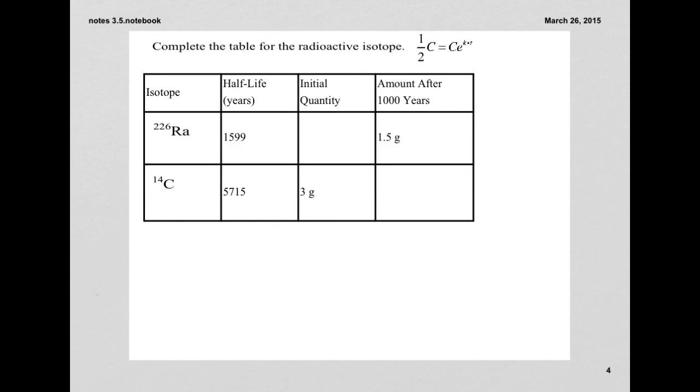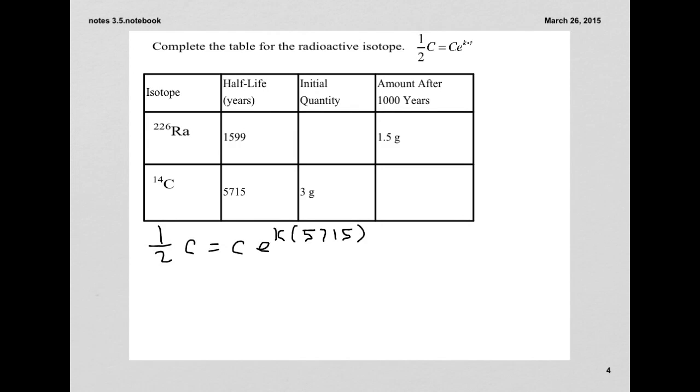Okay, now we're going to do the last example. We start out with our formula, 1/2 C equals Ce to the k times our half-life in years, which is 5715. And the first thing we want to do is get rid of the e. We already got rid of the C's.